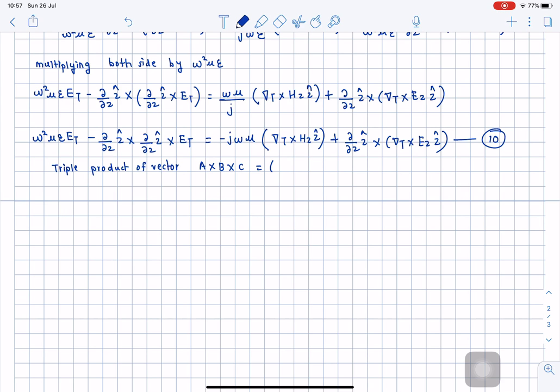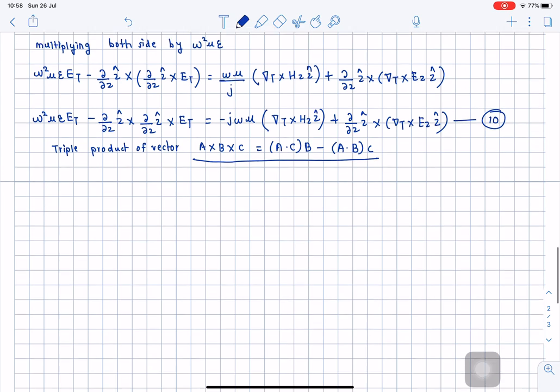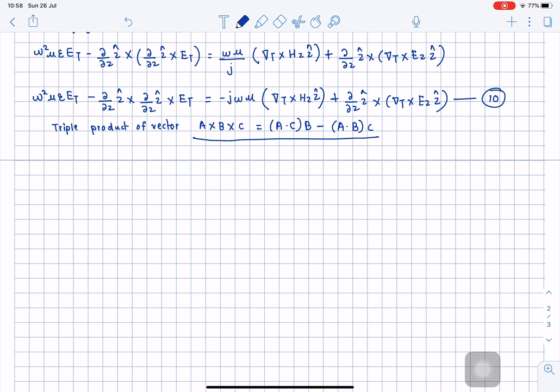This can be written as (A dot C) B minus (A dot B) C. So this particular equation is the vector triple product. This identity we will use in equation number 10.